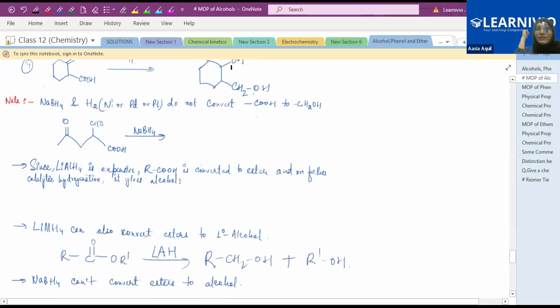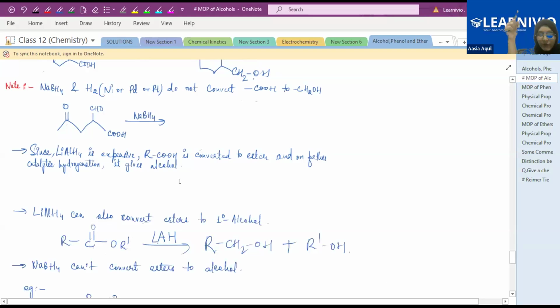Now see this sodium borohydride and catalytic hydrogenation. Sodium borohydride NaBH4, and H2 hydrogenation means H2 in the presence of any catalyst. So catalytic hydrogenation does not convert carboxylic acid to an alcohol. Just remember that, because these are not as strong as lithium aluminum hydride.